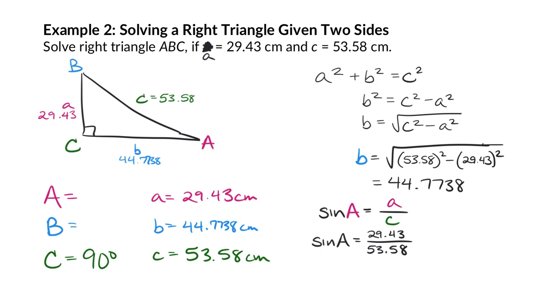Big A. Big A represents a what? Angle. In the notes before this, what did we do to solve for the angle when we had the value? Inverse sine. Very good. So we're going to use the inverse sine here to say that the angle A would be equal to the inverse sine of 29.43 over 53.58.